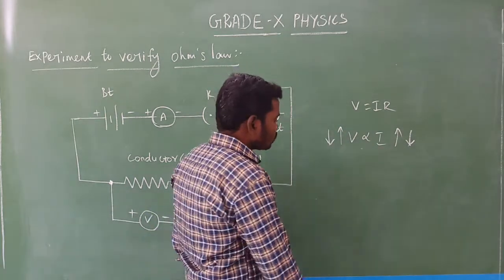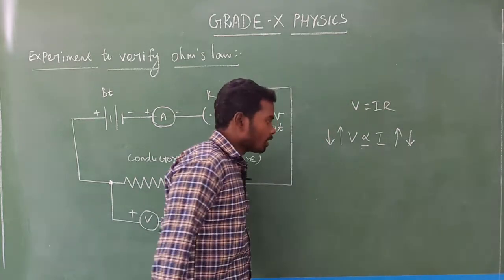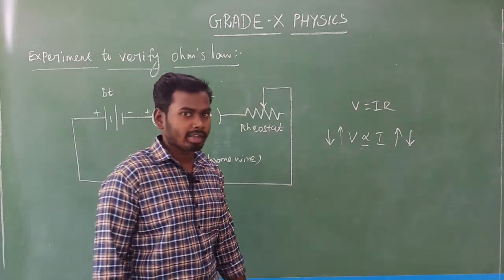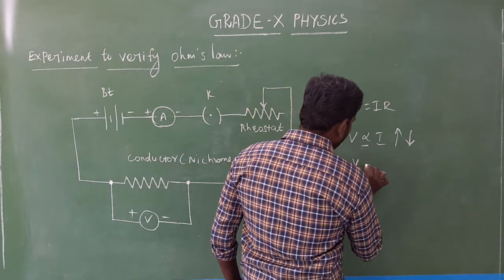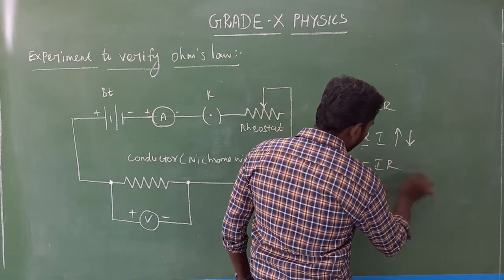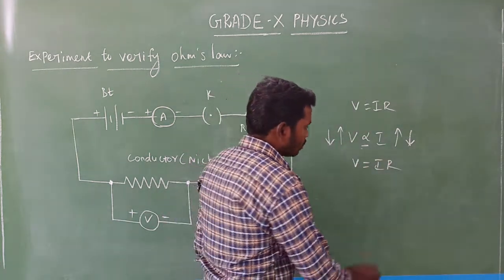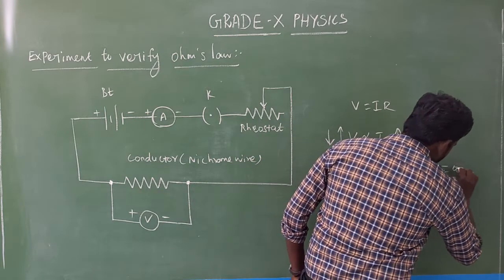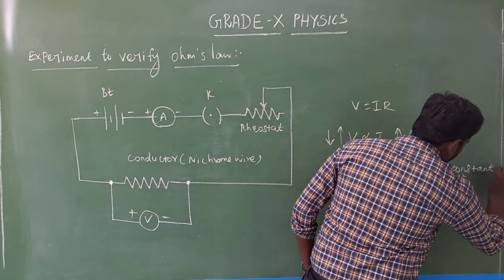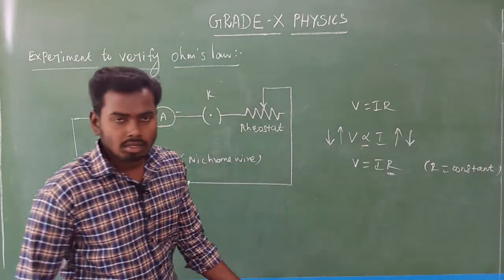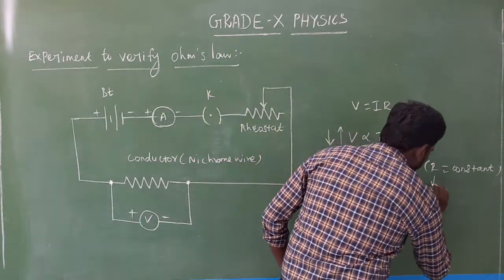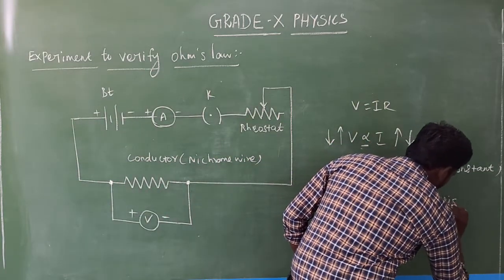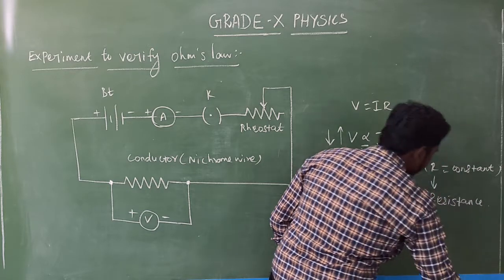In order to remove this direct proportionality, we need to put in the proportionality constant, so V equals IR. Here what is R? R is a constant. What is that constant? That constant is resistance.